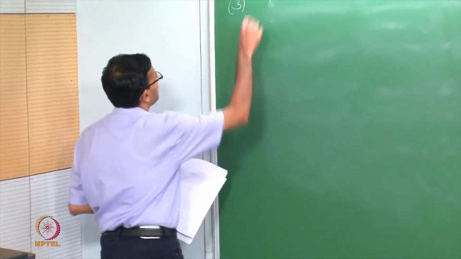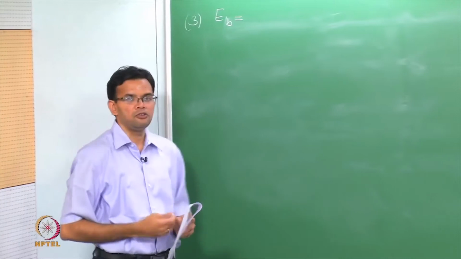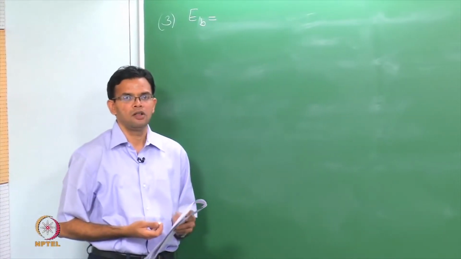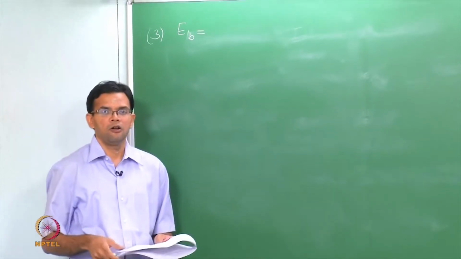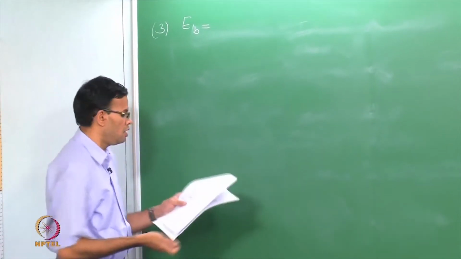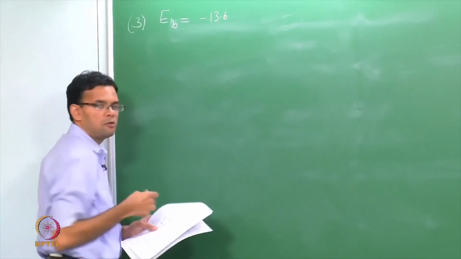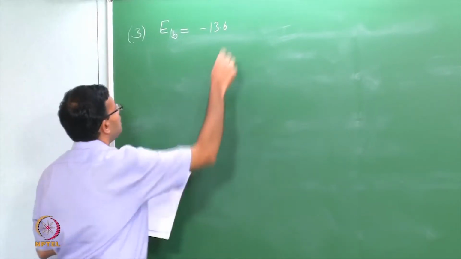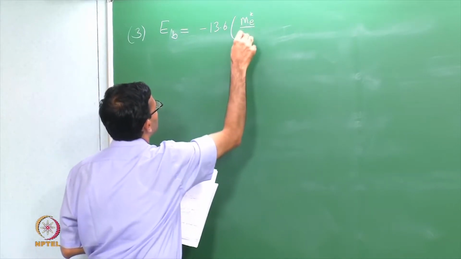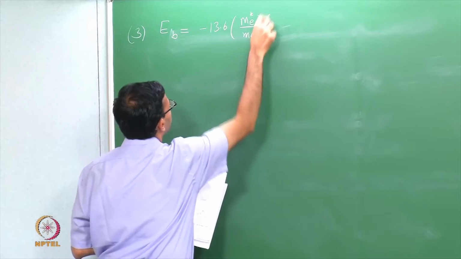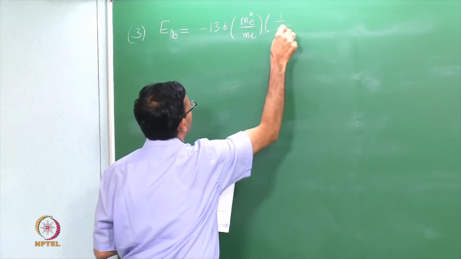So, to look at the ionization energy EB, we typically use a hydrogenic model, but we modify the mass of the electron and also the dielectric constant. So, the equation for that is something similar to what we worked out in class: minus 13.6 Me star over Me times 1 over epsilon r square.